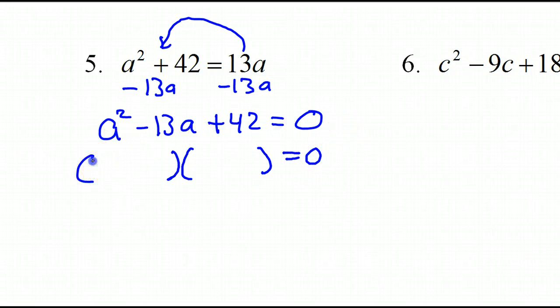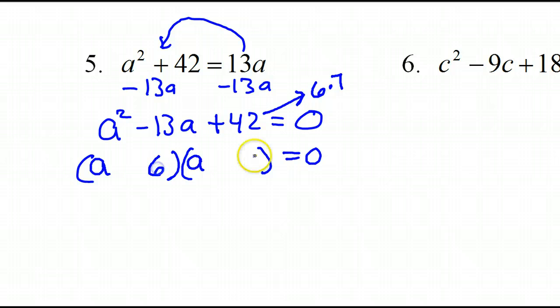Okay, so a squared, that's going to be a times a. 42. First thing that pops into my mind when I see 42 is that 6 times 7 is 42. Alright, there are other ways to make 42, but I'm liking 6 times 7 because 7 plus 6 is 13. So that's looking pretty good.